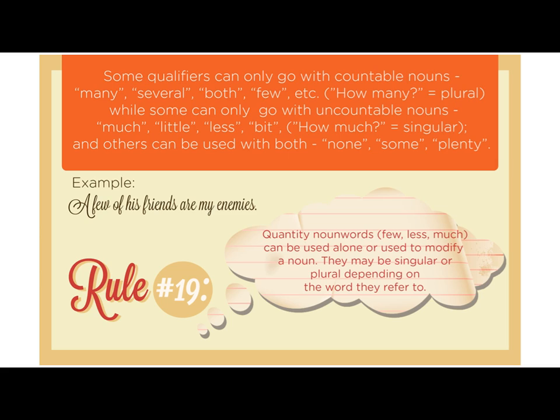Some qualifiers can only go with countable nouns, many, several, both, few, etc. How many? It's a plural. While some can only go with uncountable nouns, much, little, less, bit. So, how much is the singular? And others can be used with both, none, some, plenty.